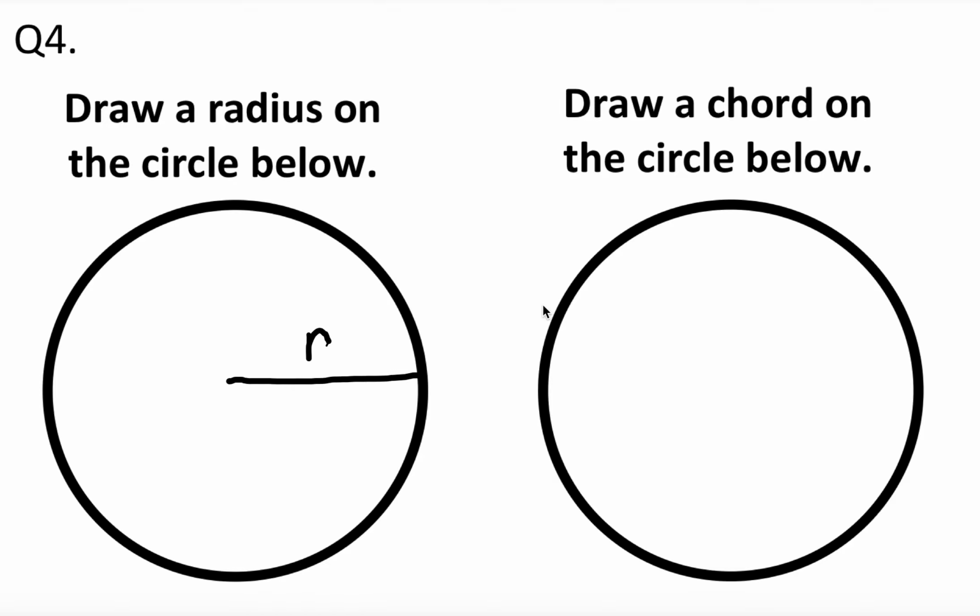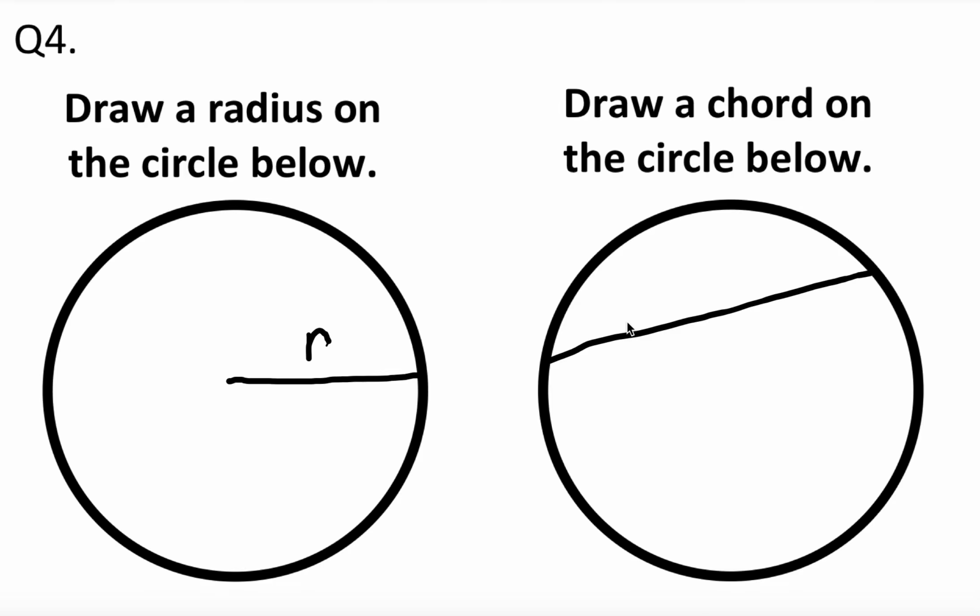And the chord is slightly different. All you have to do is draw a line from any two places on the circumference. So from one place on the circumference to another place. It's got to be a straight line, and that's what we call a chord. So I could draw a line from there to there, and that would be a chord.